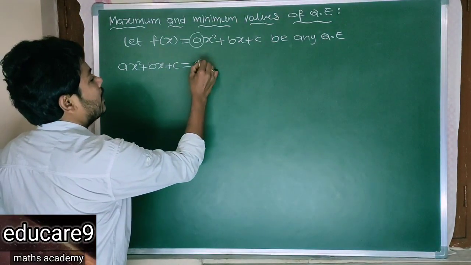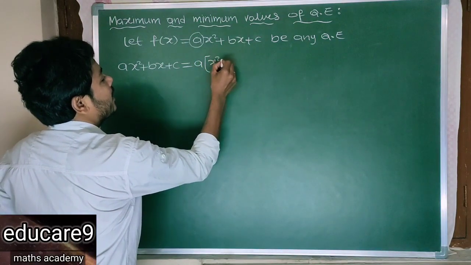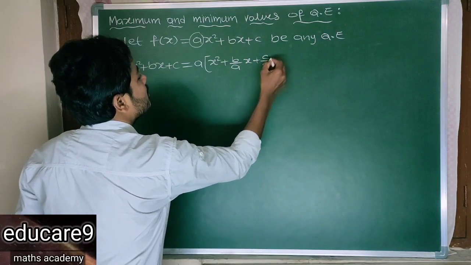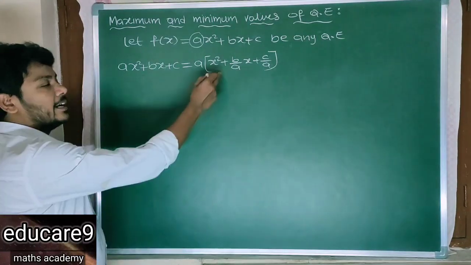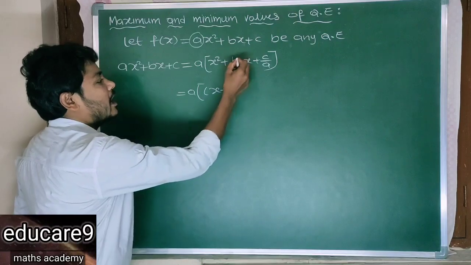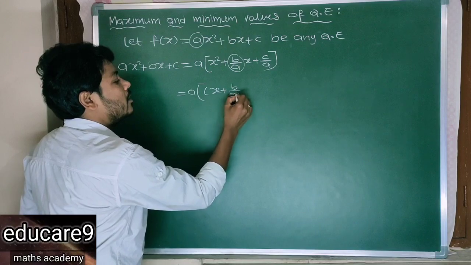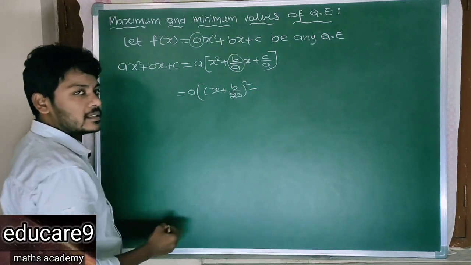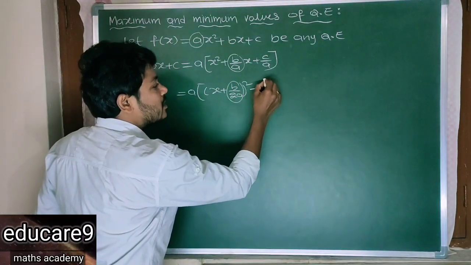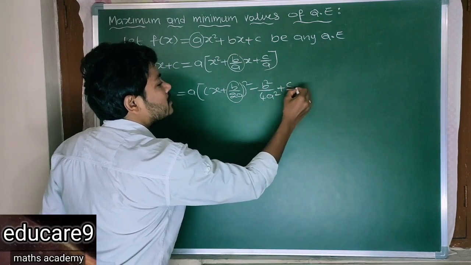as a into, so here a is common, you get x square plus b by a x plus c by a. Now this can be written as a into x plus half value of b by a, so that is b by 2a whole square minus square of b by 2a, so that is b square by 4a square, remaining value plus c by a.